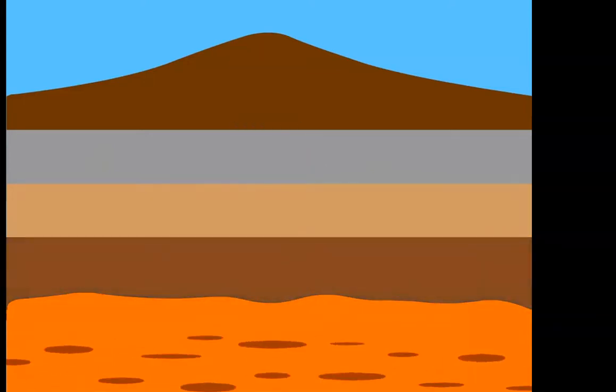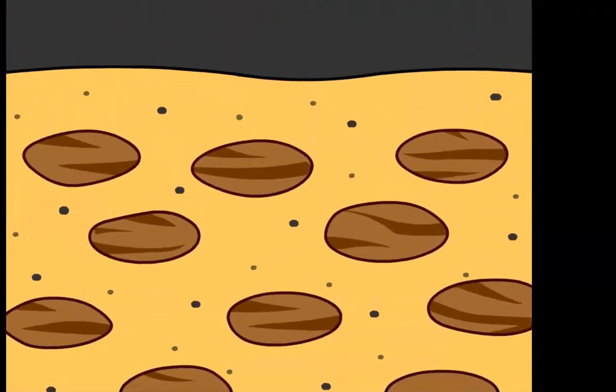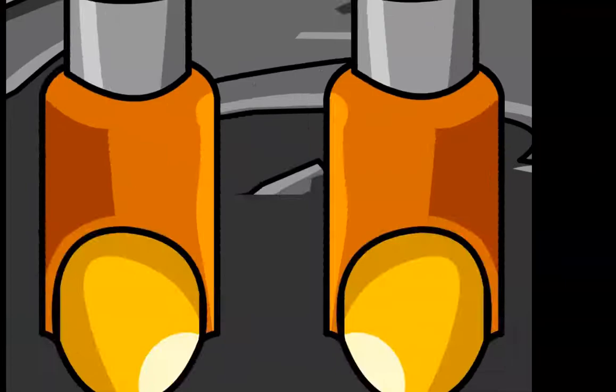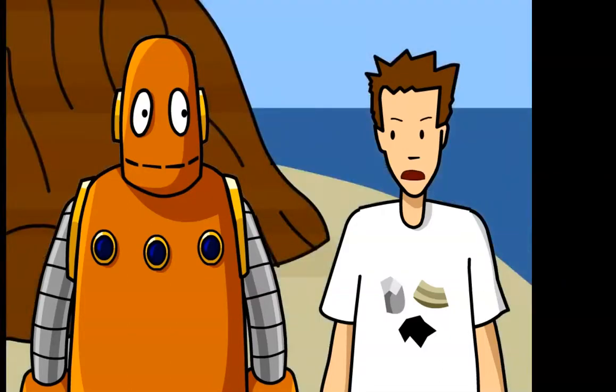Enough heat and pressure will turn those rocks back into molten magma. But if it doesn't get quite hot enough for the rocks to melt, the rocks will be cooked and smushed into a new type of rock. Metamorphic rocks have mineral grains that are flattened and aligned. An igneous rock can be transformed into a metamorphic rock when enough heat and pressure are applied. So can a sedimentary. Okay, how'd we get here?